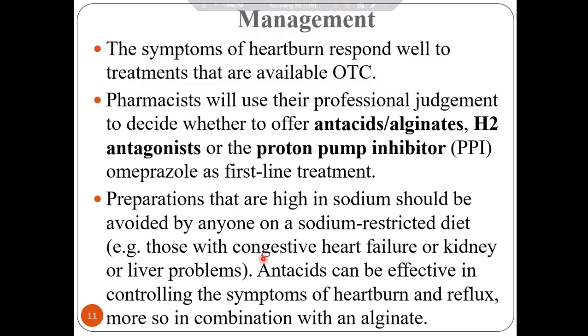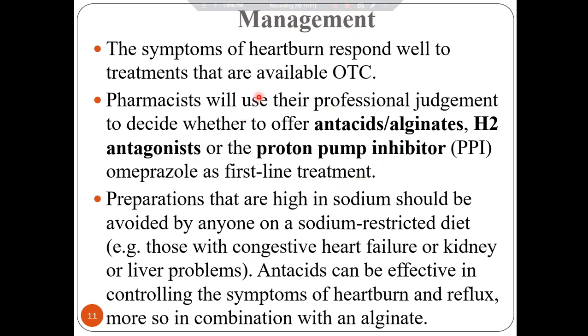Now we'll talk about the management. The symptoms of heart pain respond well to treatments that are available as OTC medication. Because we have a number of choices of OTC medication, the pharmacist will use their professional judgment to decide whether to offer an antacid alginate combination, or H2 antagonist, or proton pump inhibitors such as omeprazole as a first line treatment.